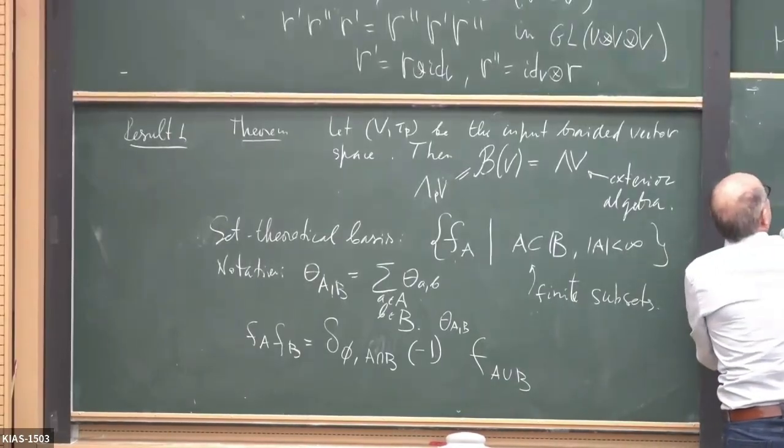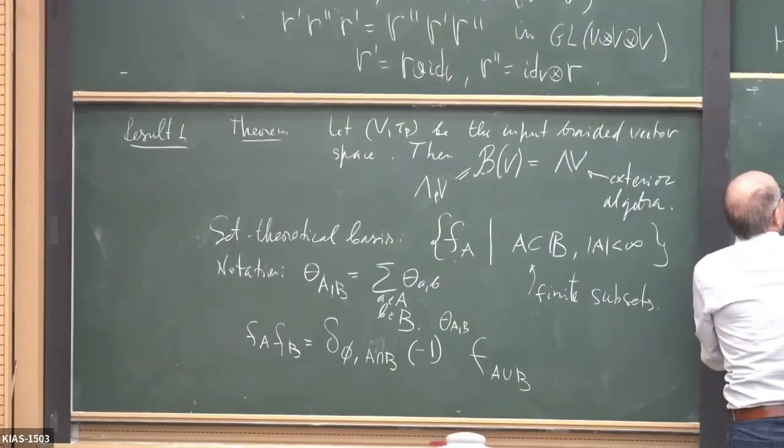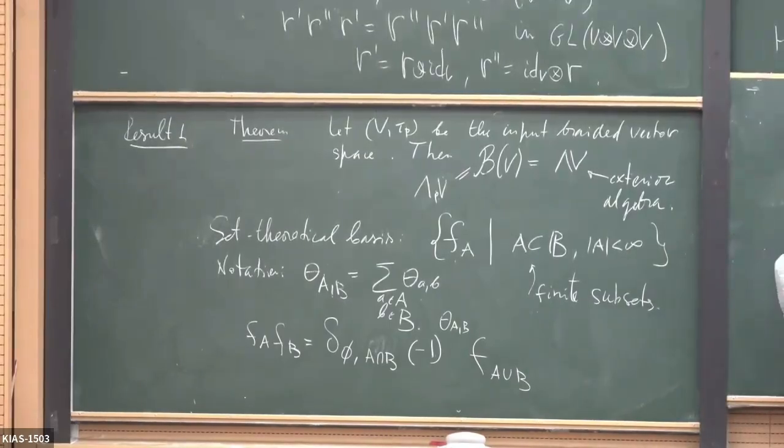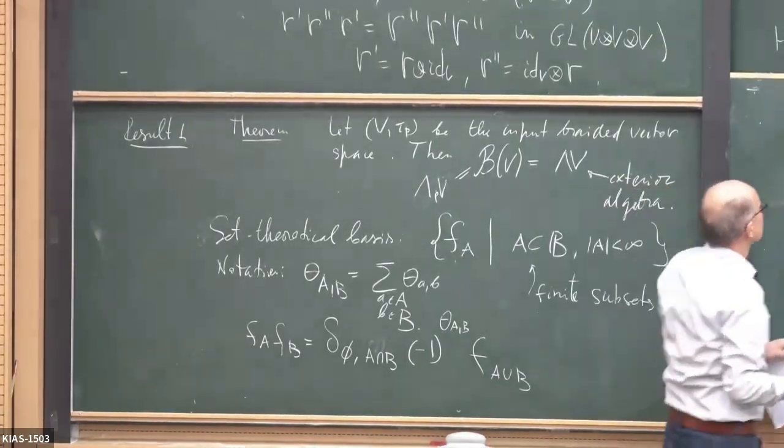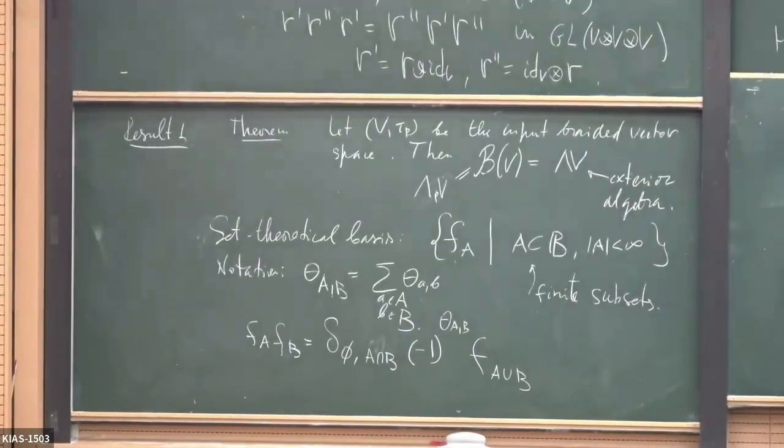So the delta of F_A is the sum over all B in A, including A itself, minus p power theta(B, A complement of A) of B in A, theta B F_B F_{A minus B}.